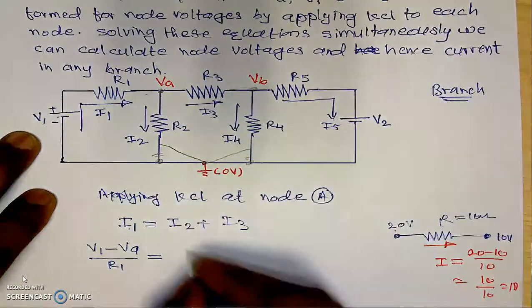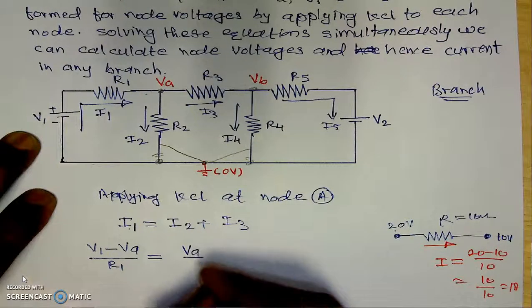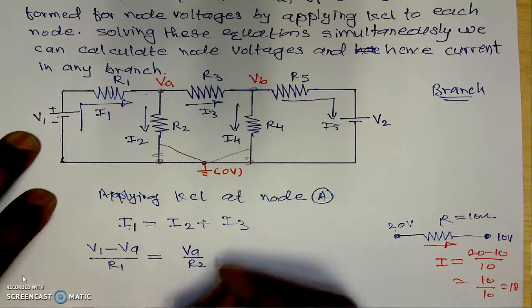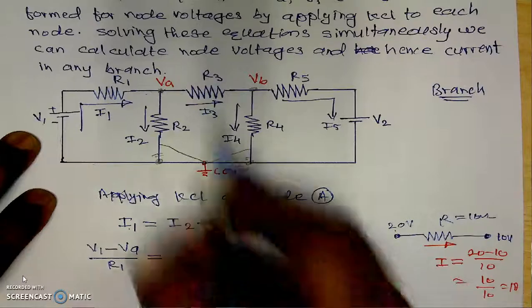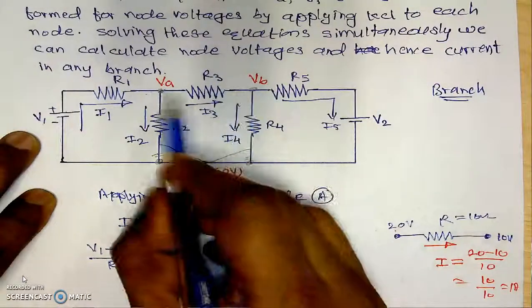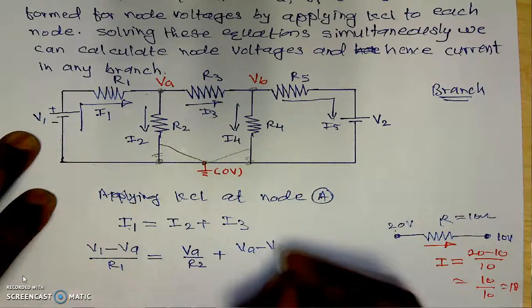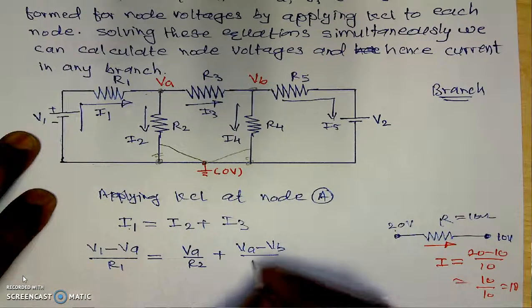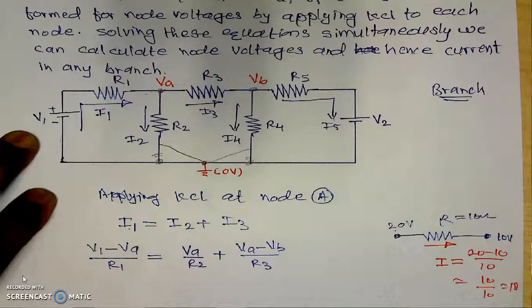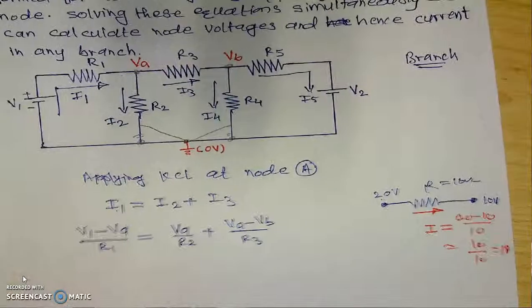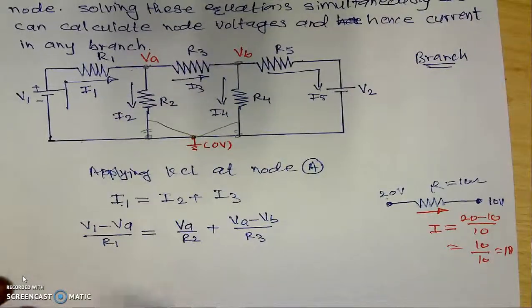That is VA minus 0 divided by R2, that is VA divided by R2, plus I3. I3 is the current in this horizontal branch. That is VA minus VB divided by its resistance, which is R3.